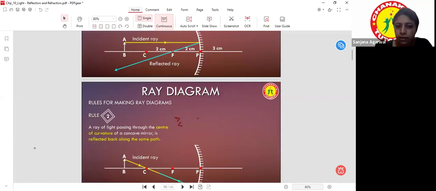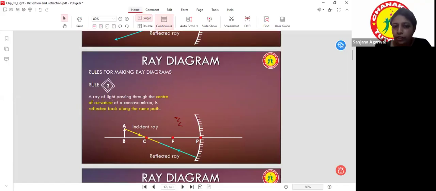Next rule is a ray of light which passes through the center of curvature of a mirror will be reflected back along the same path. Now, why is it so? Because in a circle or in a sphere, if we join the line from the center to the circumference at any point on the circumference of the mirror or the sphere, that is the normal itself.